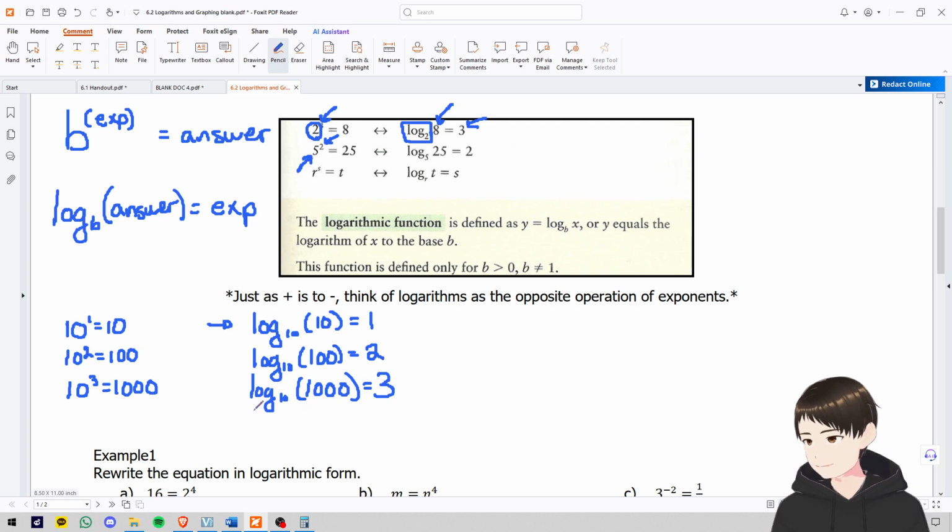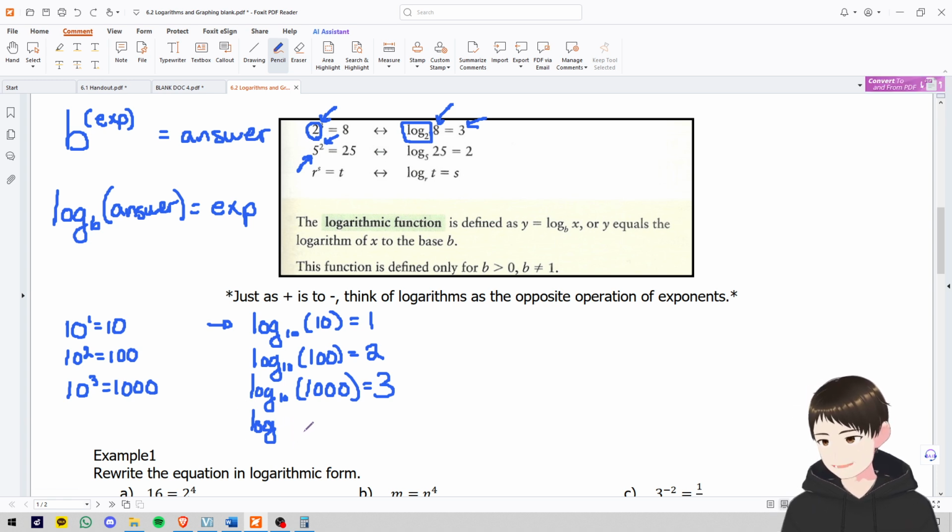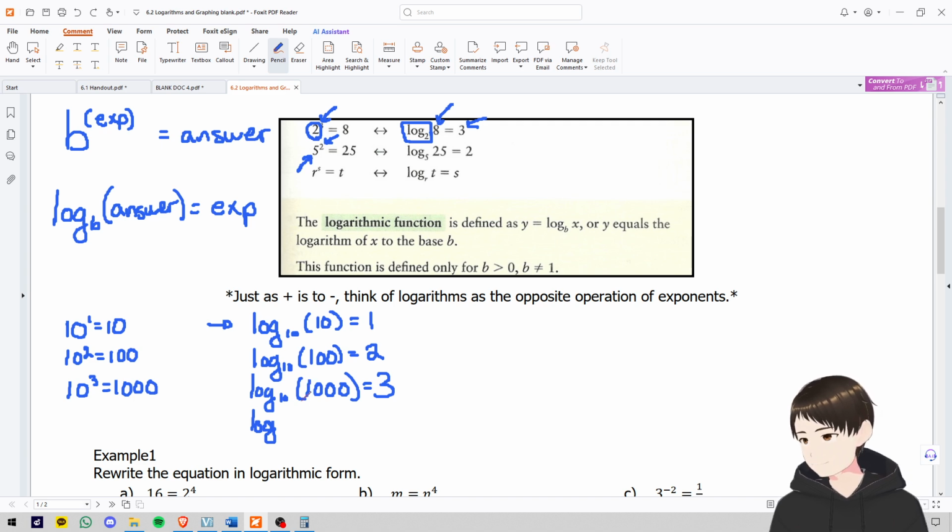Now please note, because log of base 10 is so common, your calculator doesn't have log of base 10, it's literally just log. By default, log with no number means the base is a 10. So if you're on your calculator, if you find log and you plug in log 1000, your answer should be an exponent of 3.